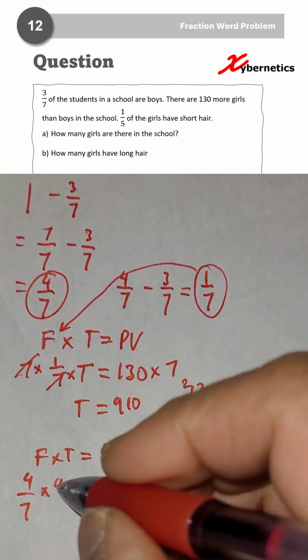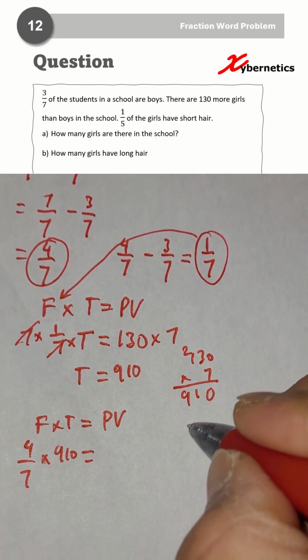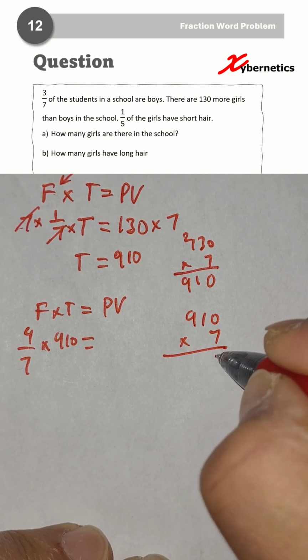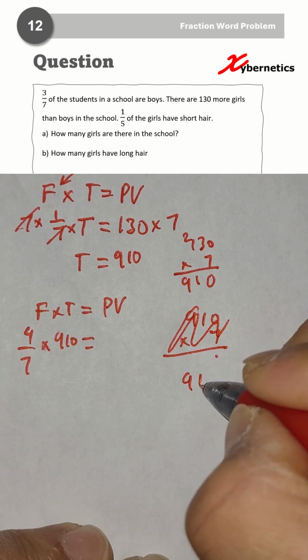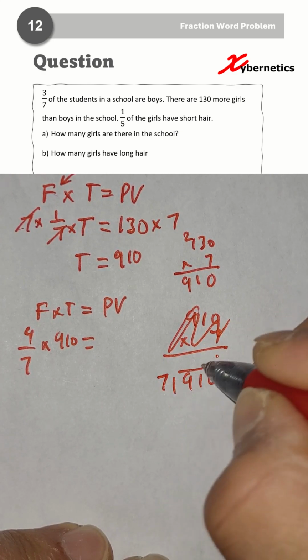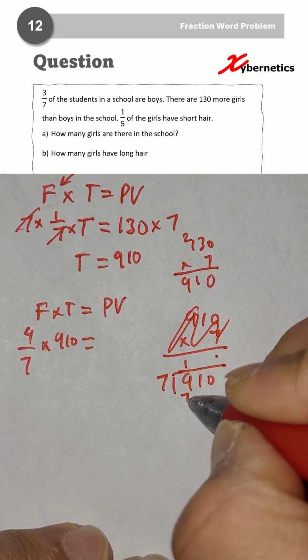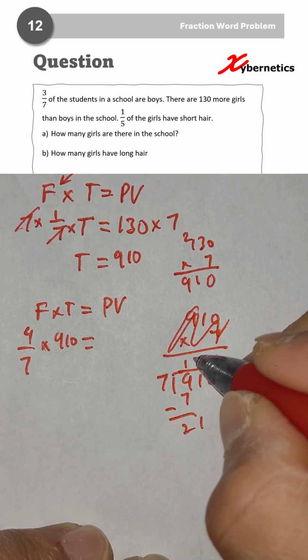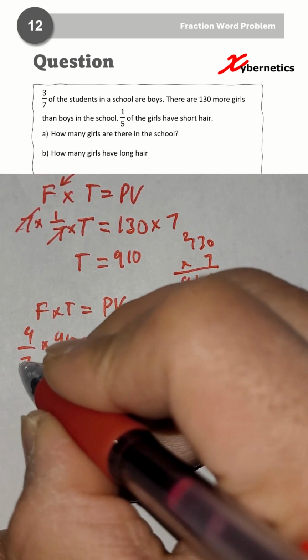4/7. Now, if you multiply, let's work this again, 910 divided by 7. 7 into 9 is 1, 2 is 1, which gives you 3 and 0.